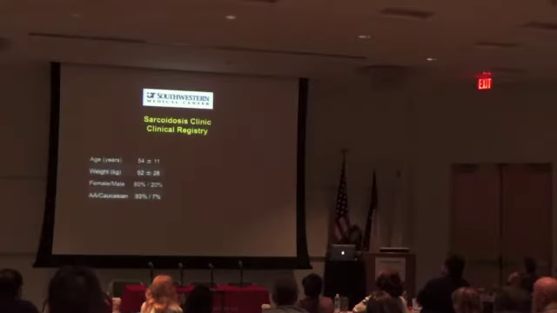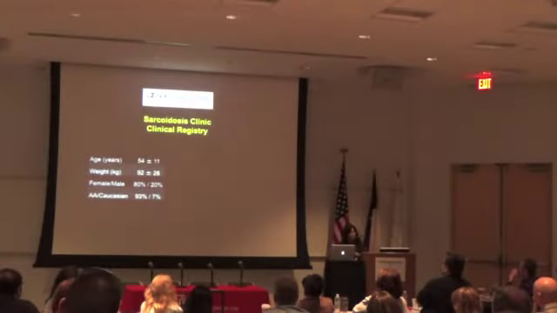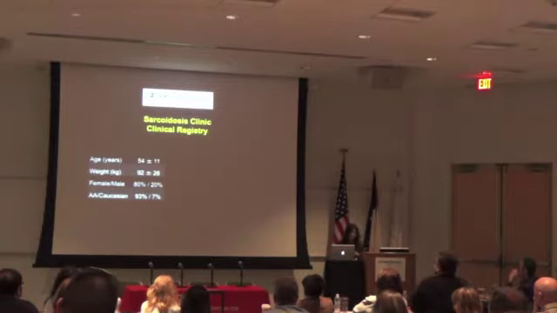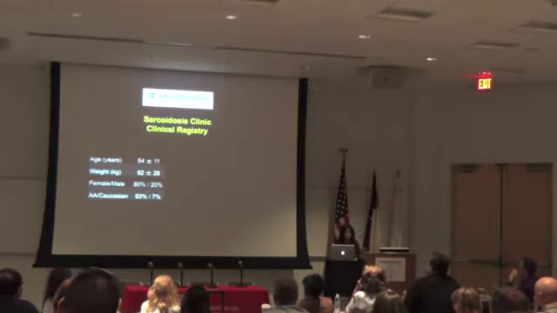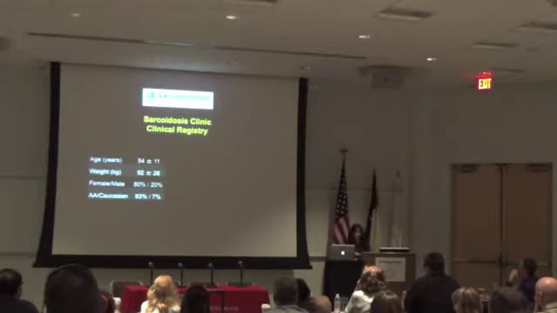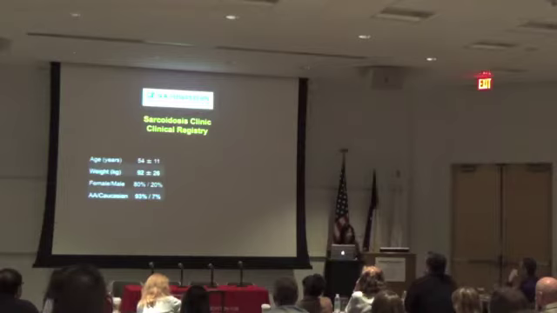So here at UT Southwestern, we have a sarcoidosis clinic and a clinical registry, and currently we have a little over 120 patients in the registry, and I just want to give you a little feel as to the kind of population. So the age averages around 54, and that's consistent with sarcoidosis affecting a predominantly middle-aged population.